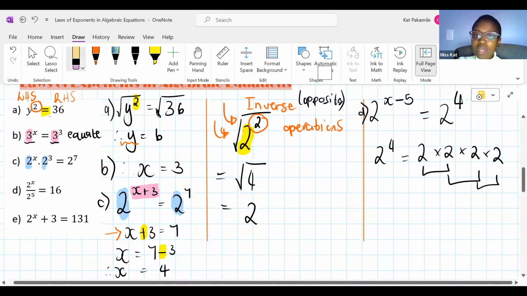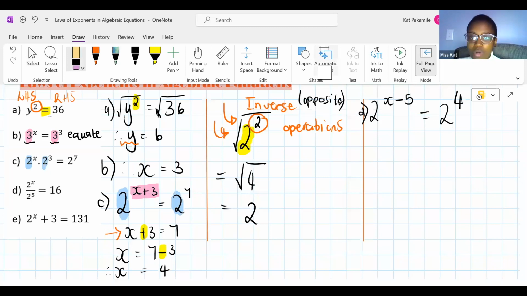Remind me again, if we have the same bases, then the exponents have to be, tell me in the chat. The bases are the same, the exponents have to be what? Thank you, Oral Dean.